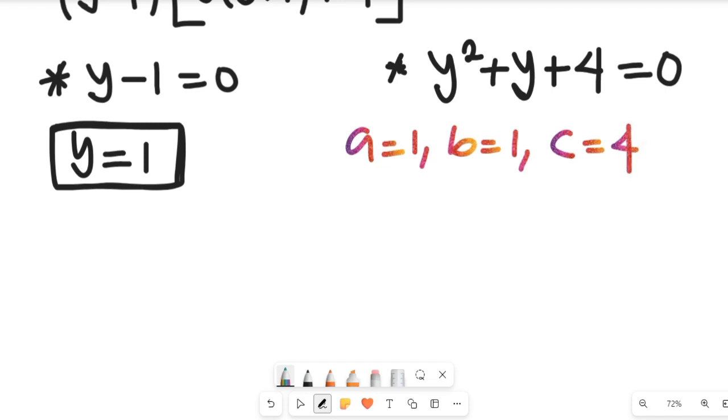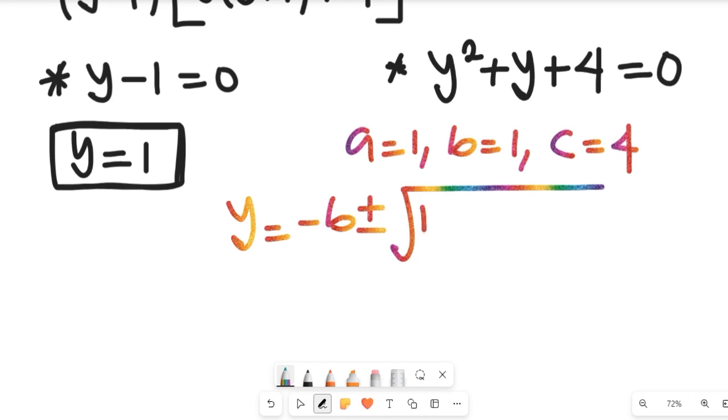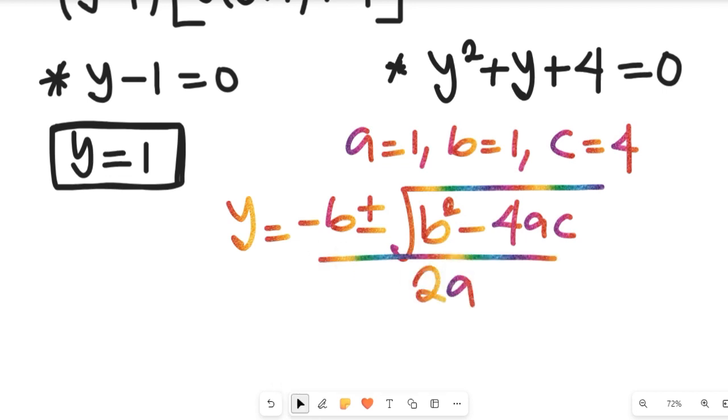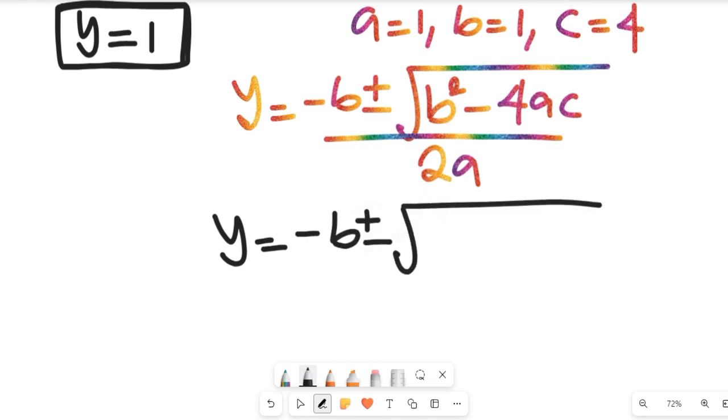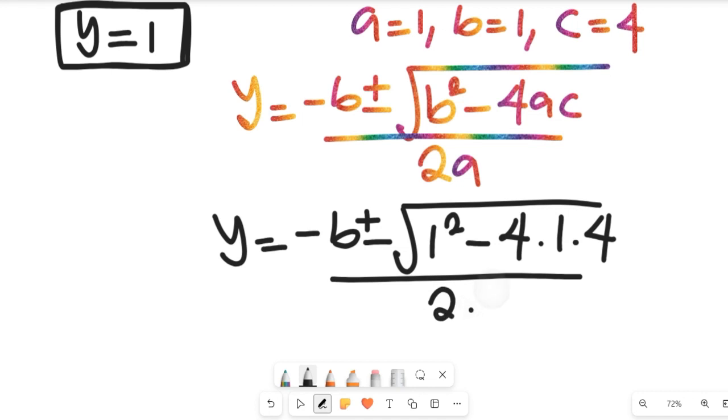So if we solve this expression, using the quadratic formula, y will be equal to negative b plus or minus the square root of b squared minus 4ac, divided by 2a. That will give us y equal to negative b plus or minus the square root of 1 squared minus 4 multiplied by 1 multiplied by 4, all divided by 2 multiplied by 1.